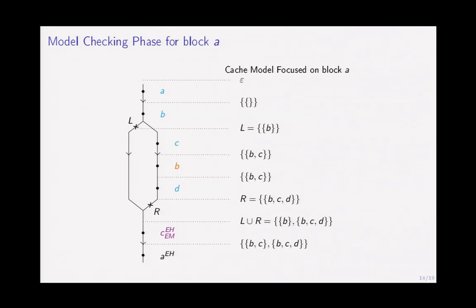Then across the different accesses to B, C, and D, the set of younger blocks is updated. And when joining paths, you need to keep all the possible values for the younger set. By doing so, it will tell you that A is always in the cache. And it is a hit because it can be age 2 or age 3, but in both cases, it's still in the cache.